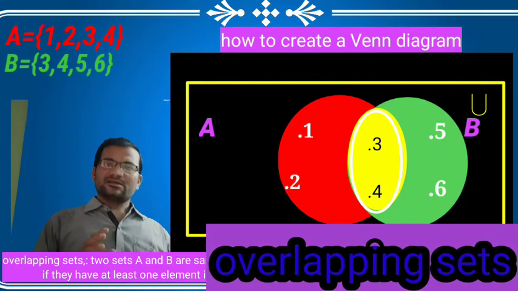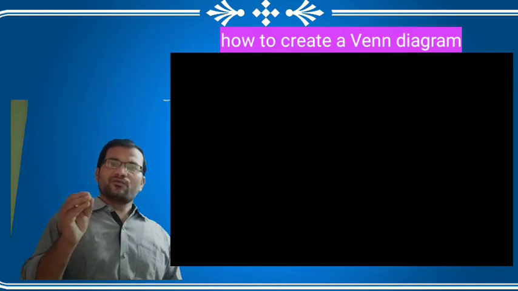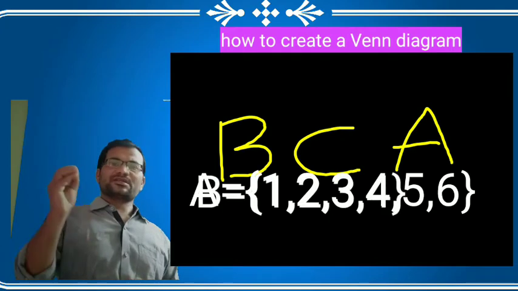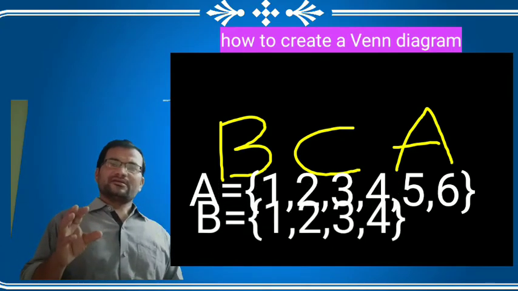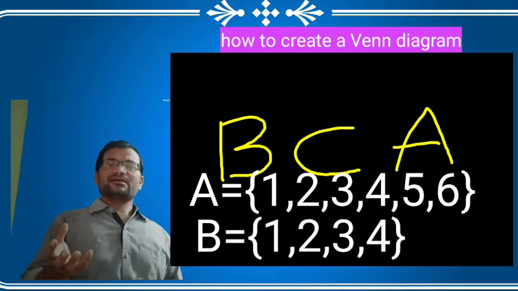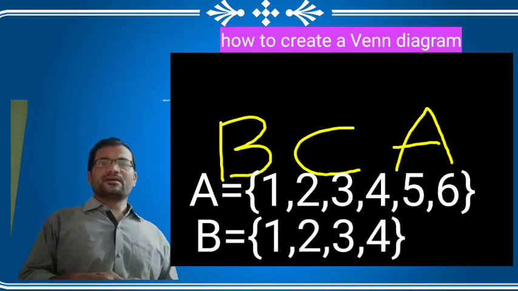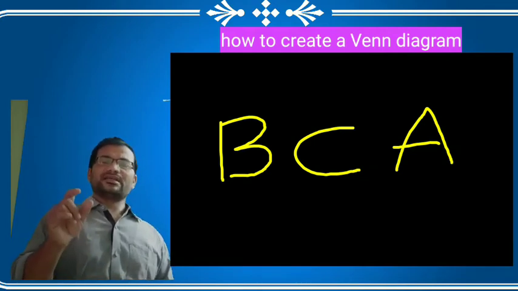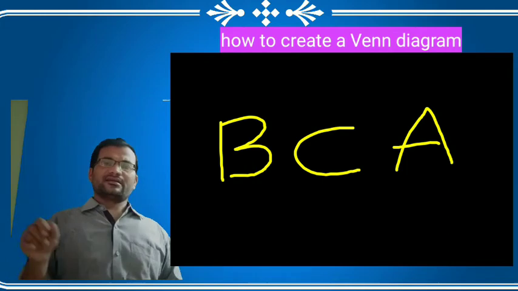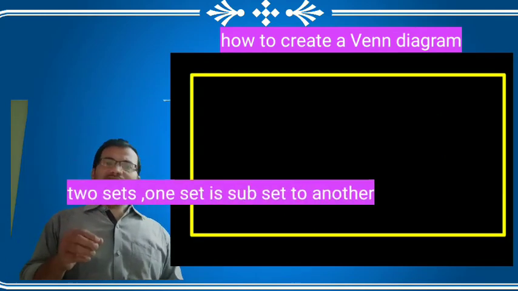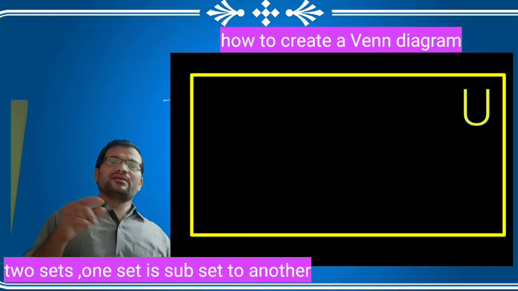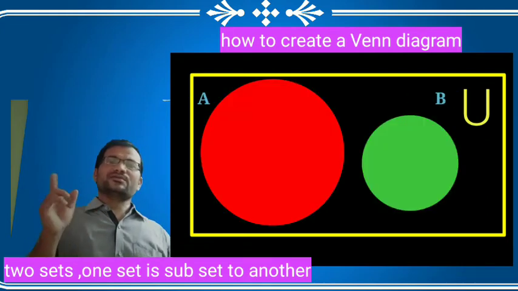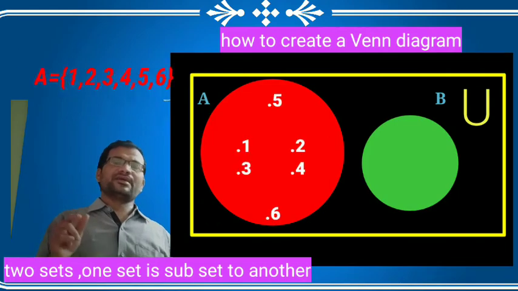Suppose the two sets are such that one is inside the other, that means for suppose B is a subset of A, then B will be inside the set A. How is it? See, the diagram is given below. Again, draw a rectangle and draw two circles labeled A and B. Here my A is the natural numbers 1 to 6 and B is the natural numbers 1 to 4.